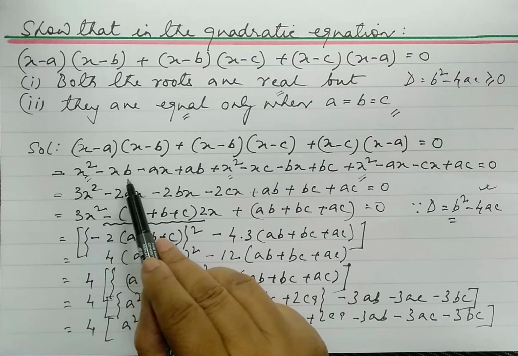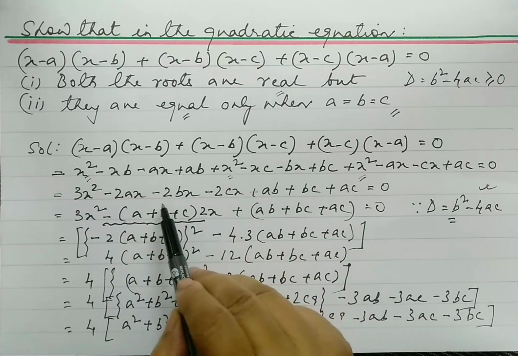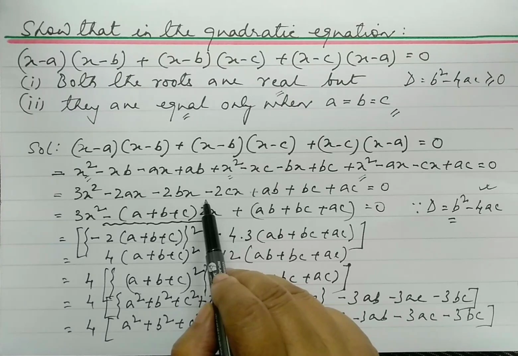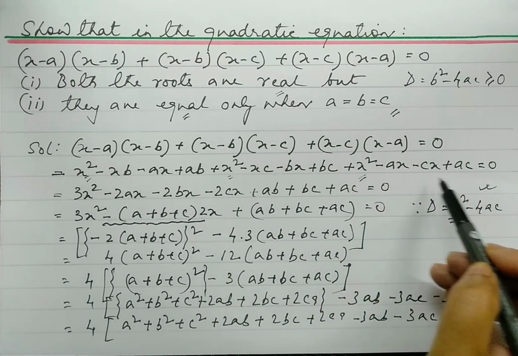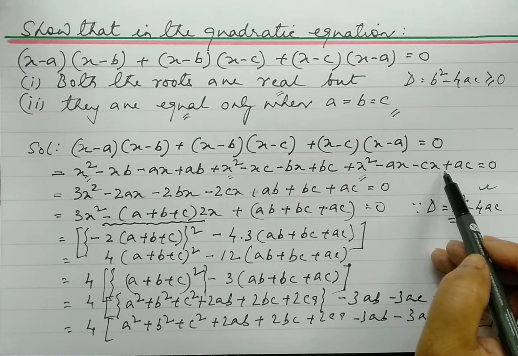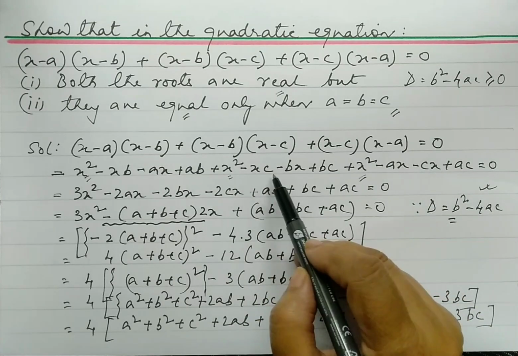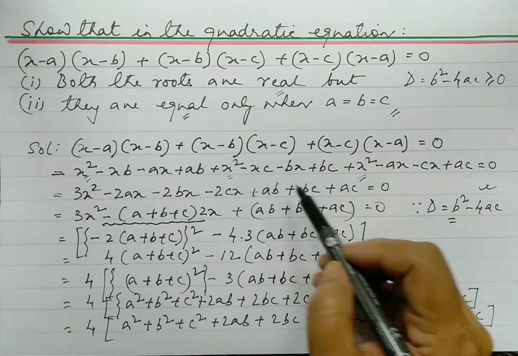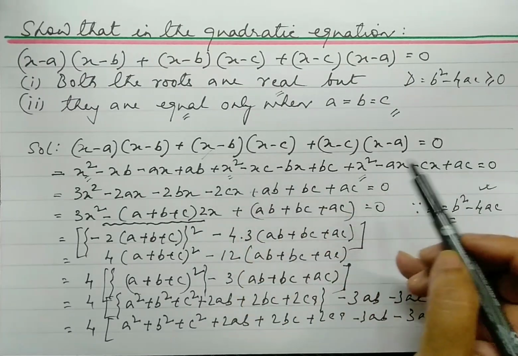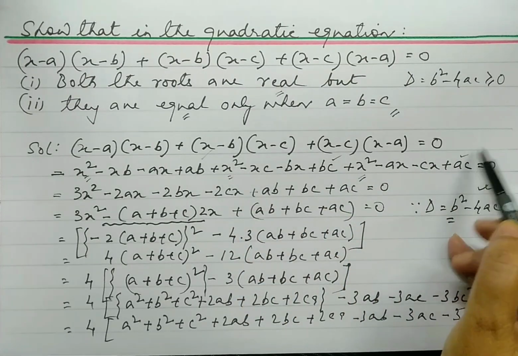We have minus bx here and minus bx here, so minus 2bx. Next we have minus cx in 2 places, here as well as here. So we write it over here. And then we have ab, bc and ac. We write it here.